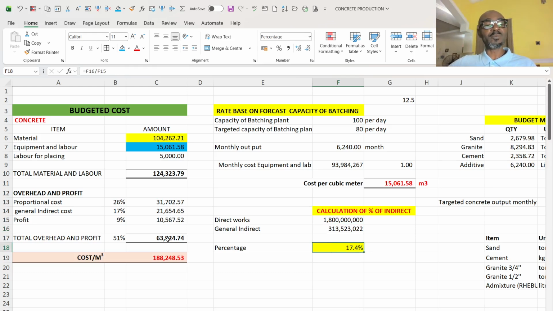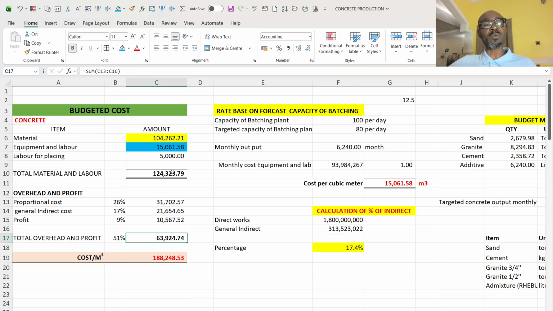So I now brought it up here, then multiplied it by the cost of my material to give me the total amount for my proportional cost to be 63,924 naira 74 kobo.